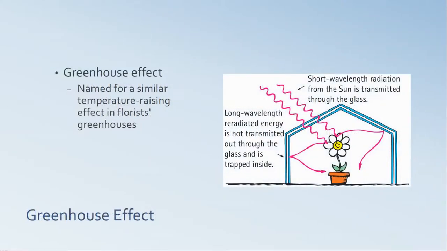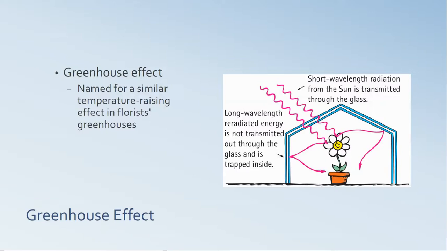The difference between absorption and radiation can also account for something called the greenhouse effect. The greenhouse effect got its name from when gardeners would build greenhouses in such a way that they could be warmer than the outside environment.